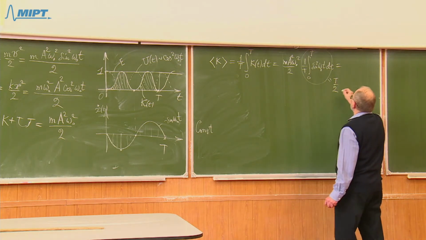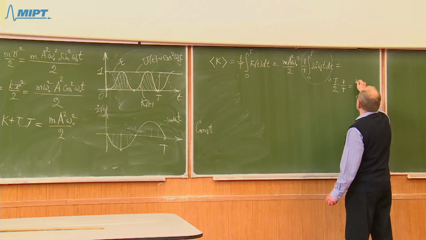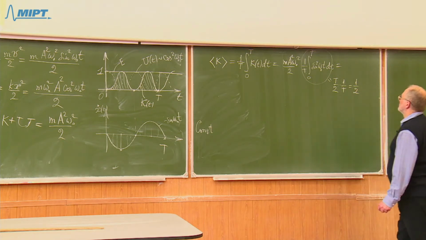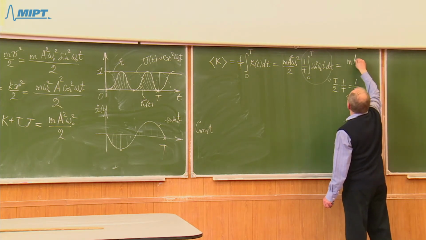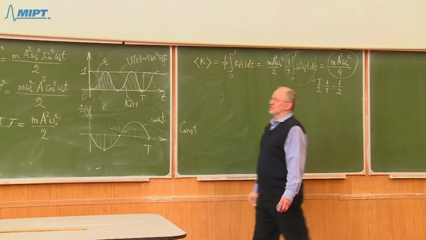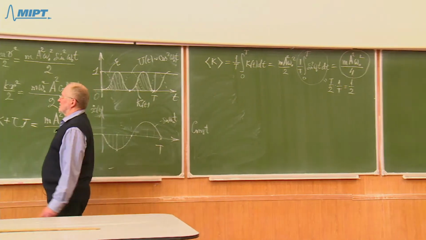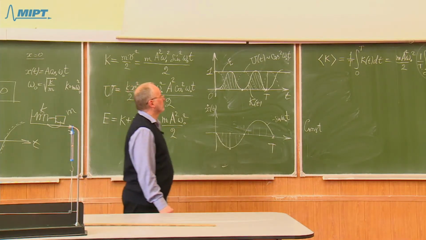And I have to divide it by capital T, which is here as a coefficient. So that will be just 1 over 2. So the final answer will be m a squared omega 0 squared divided by 4. That's the average kinetic energy of a body engaged in vibrational motion.